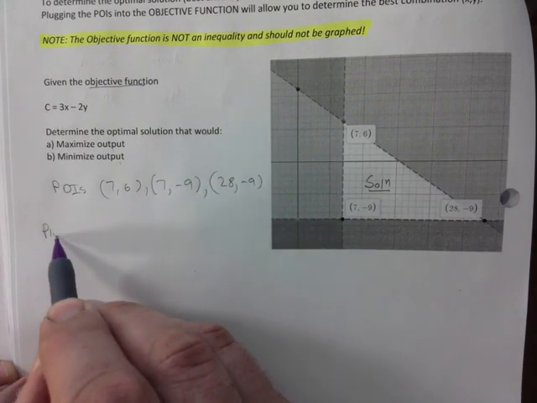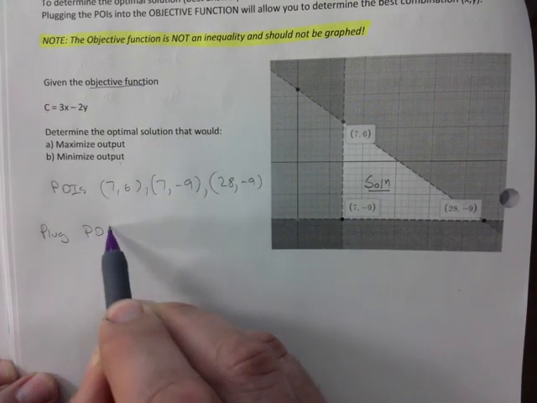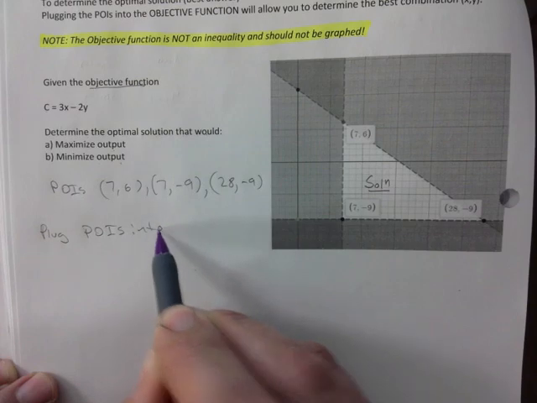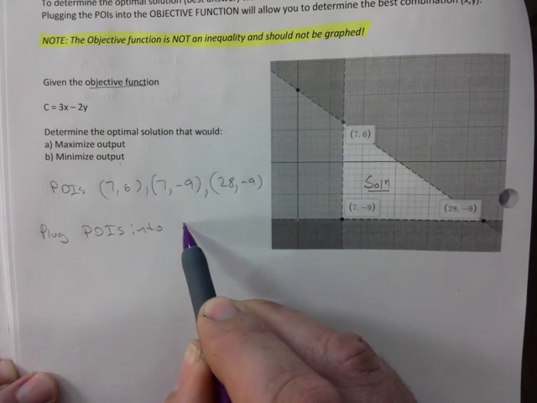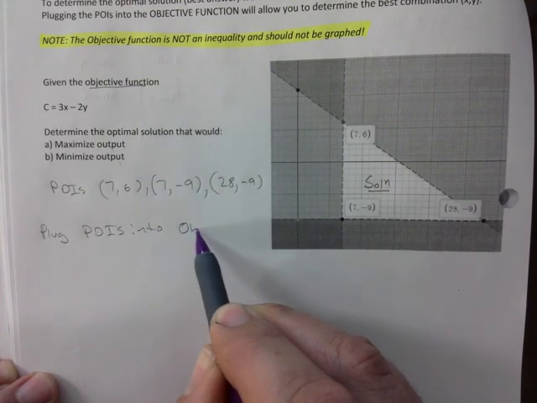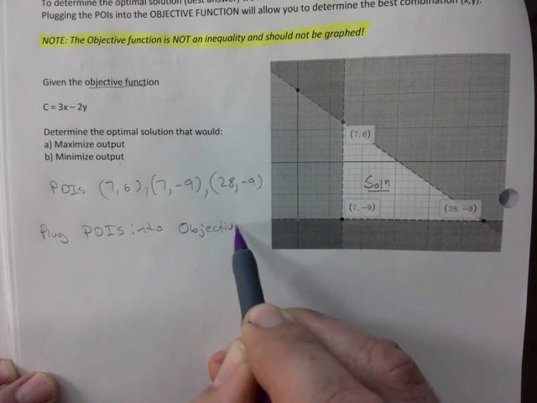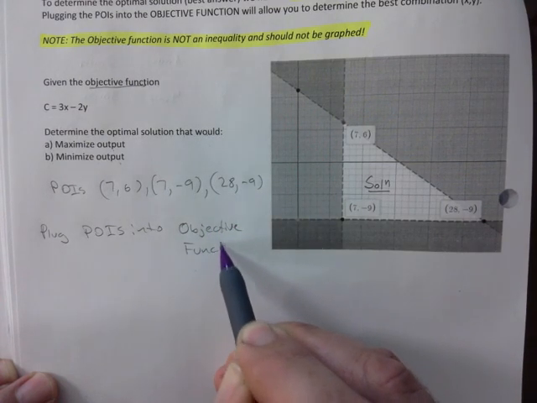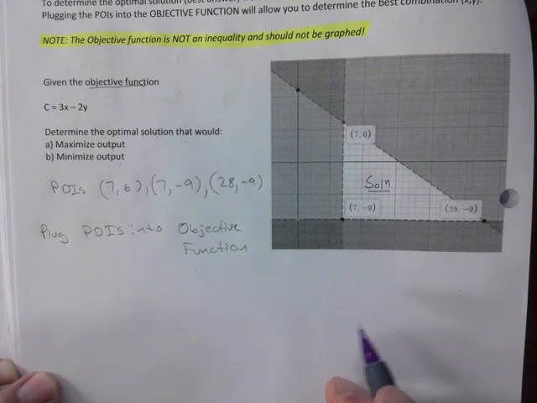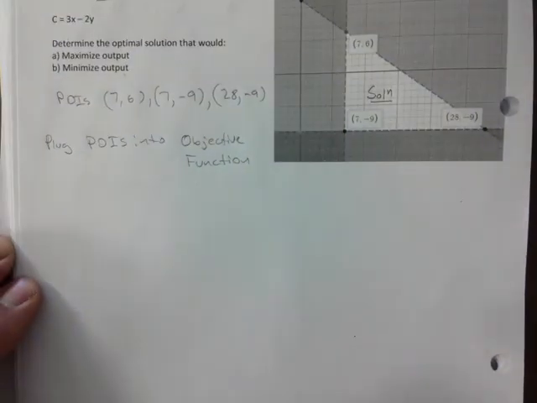So plug POIs into objective function. Give you lots of space here to do that. So this is how I show it.